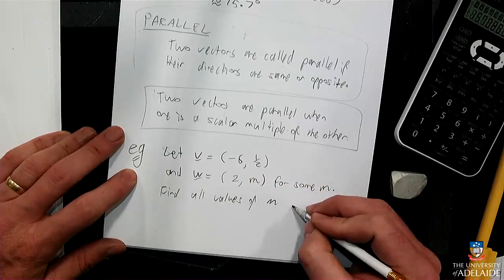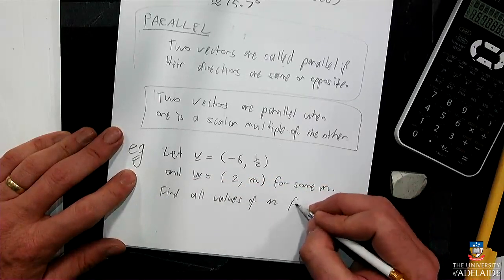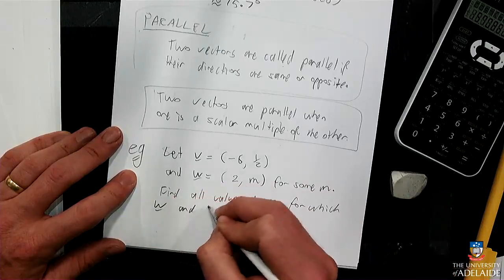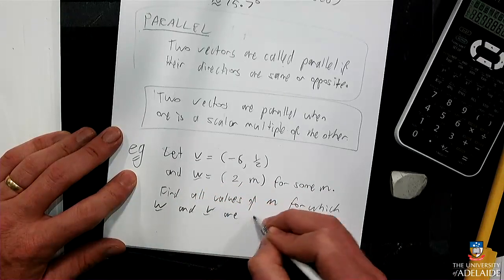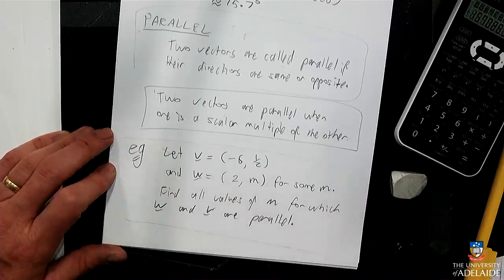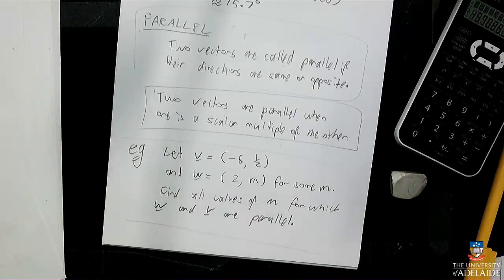Find all values of m for which W and V are parallel. Okay, that's a classic sort of question that maths teachers tend to put in exams and assignments.